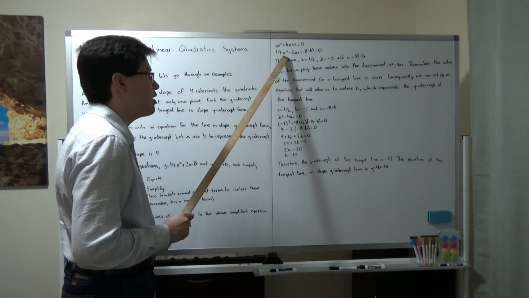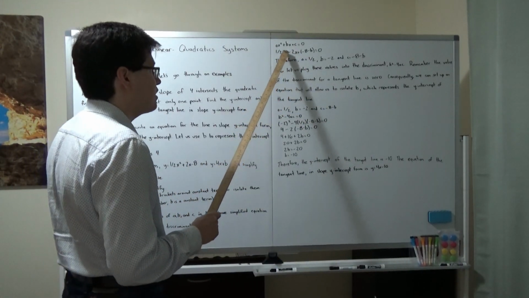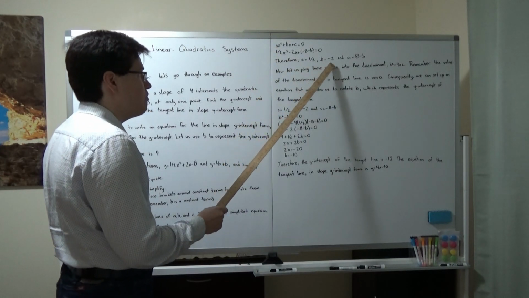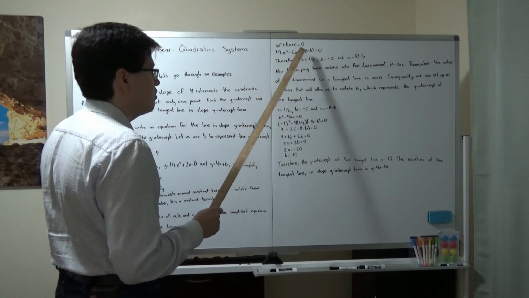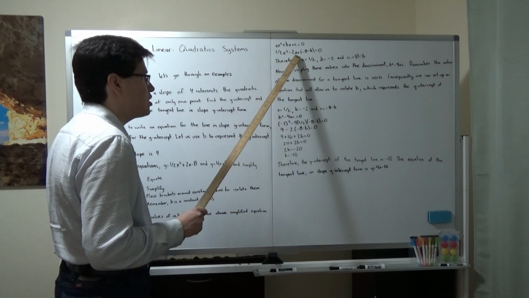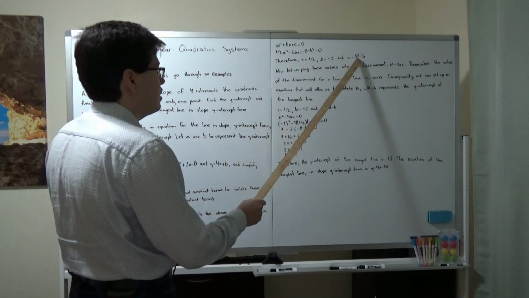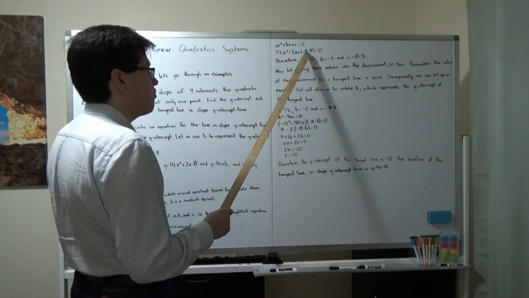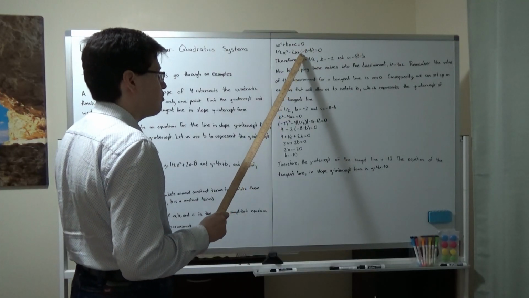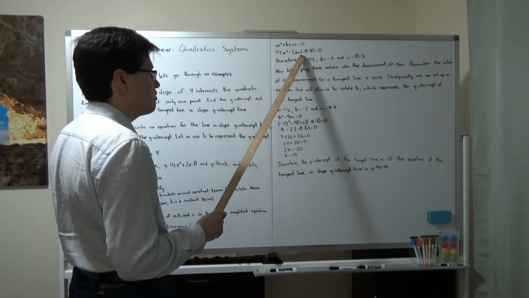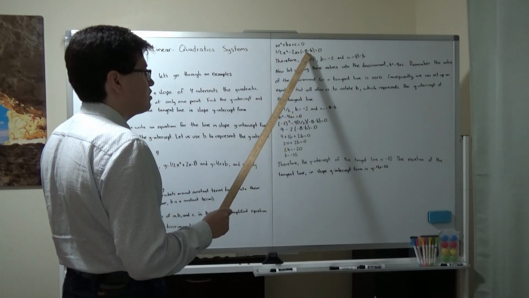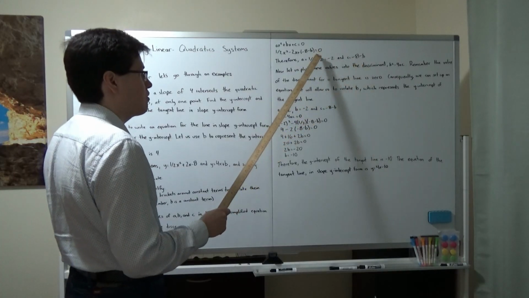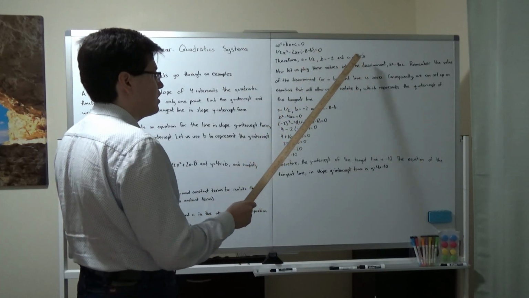Therefore, a equals 1/2. A is the coefficient of x squared. B equals negative 2. B is the coefficient of x. And c is the constant term with a plus 1 in front, but the 1 is invisible. So c is equal to minus 8 minus b. That's the value of c.